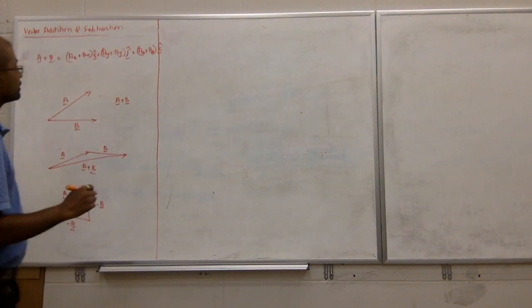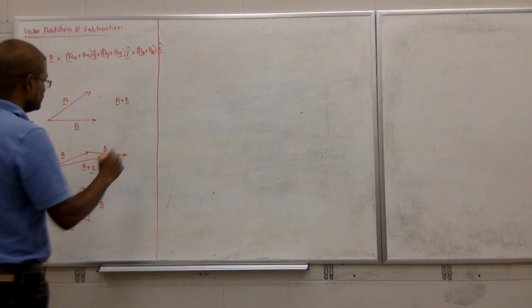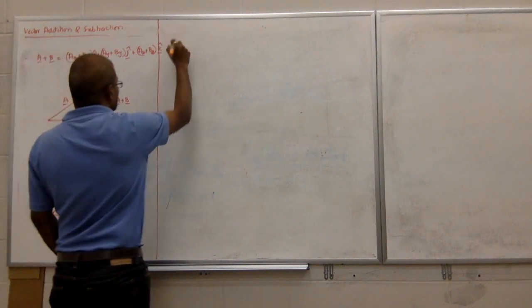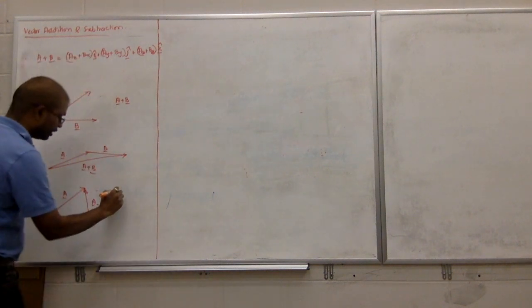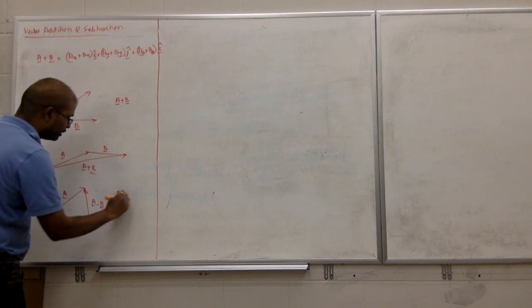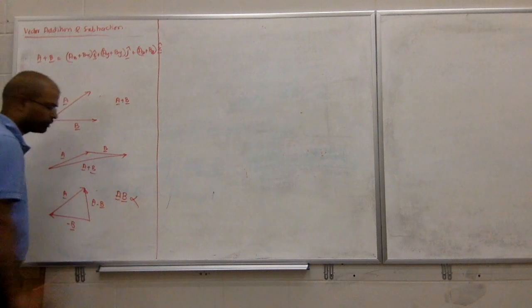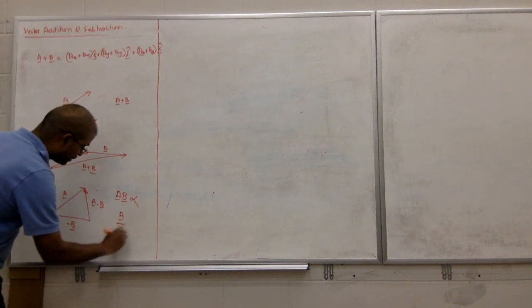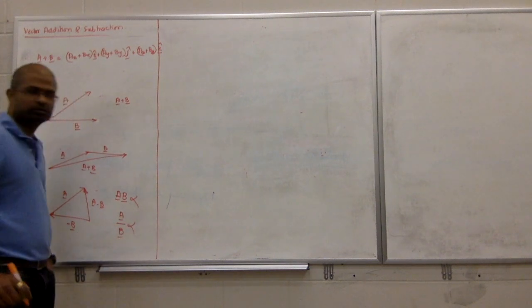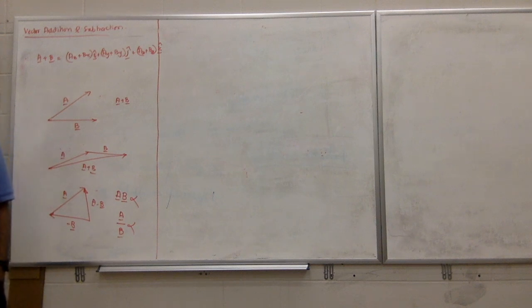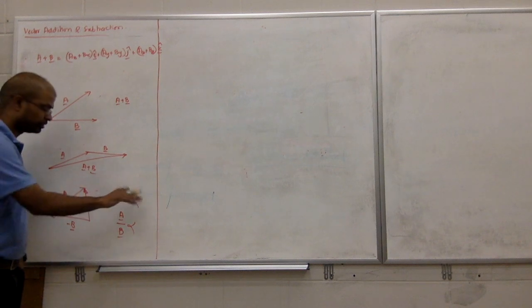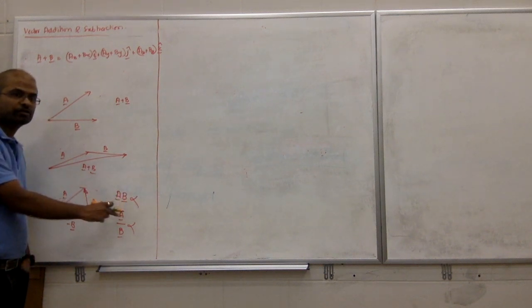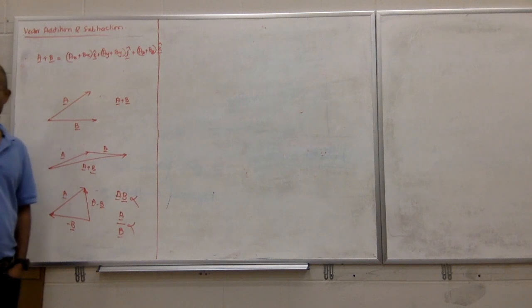What that means is A times B is not defined, and A divided by B is not defined. Keep in mind, the little swirly thing means not defined. You cannot have this, there is no operation like this.